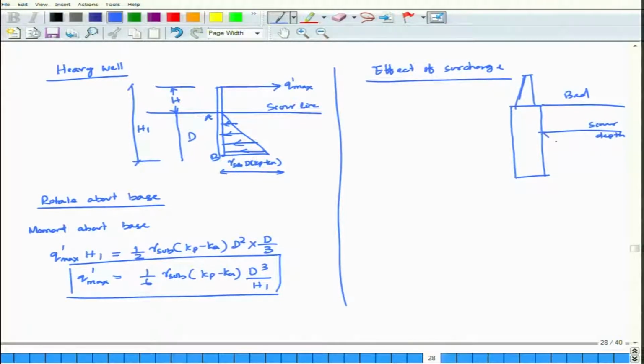Then this will be your d, the distance of Q maximum prime, this will be your H, and this is my d, and the total will be H1.